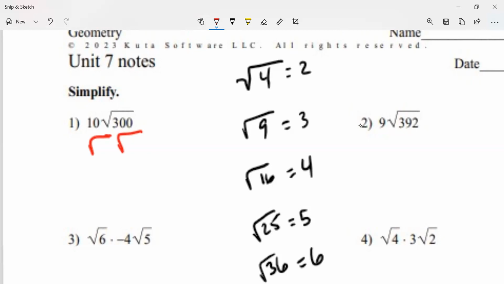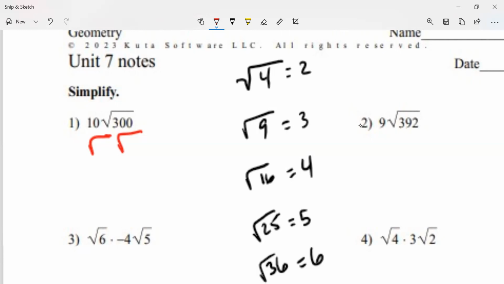Now, I can think of 30 times 10. If I think of 2 numbers that multiplied equal 300, I can think of 30 times 10. However, neither the 30 nor the 10 are perfect squares, so I cannot use those numbers. Like I said, one of your numbers has to be a perfect square.